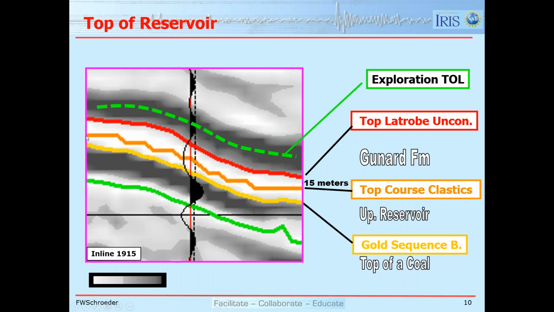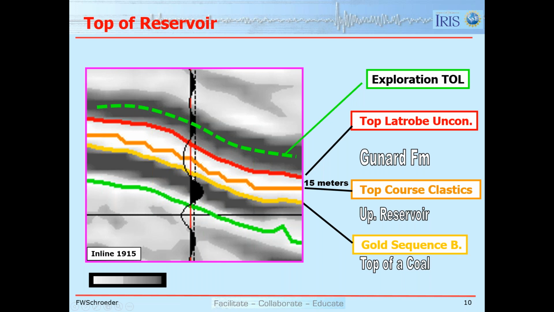The top of the reservoir quality sand is the orange, and that's what we call the top of coarse clastic. And there's a 15-meter interval between the top of the unconformity and the top of the reservoir. So between the red horizon and the orange horizon is 15 meters of that Gunard Formation, offshore silts and shales.